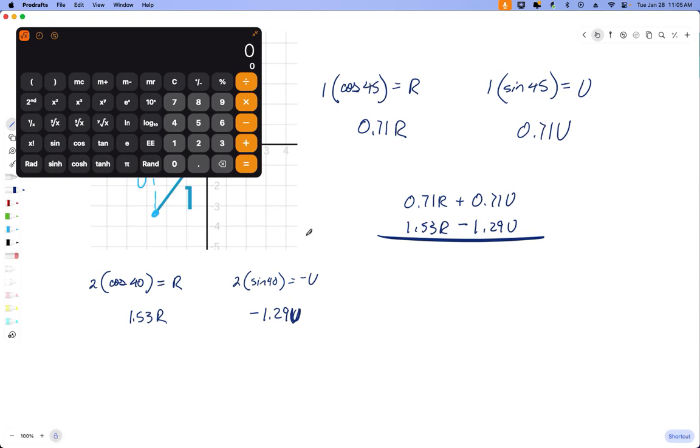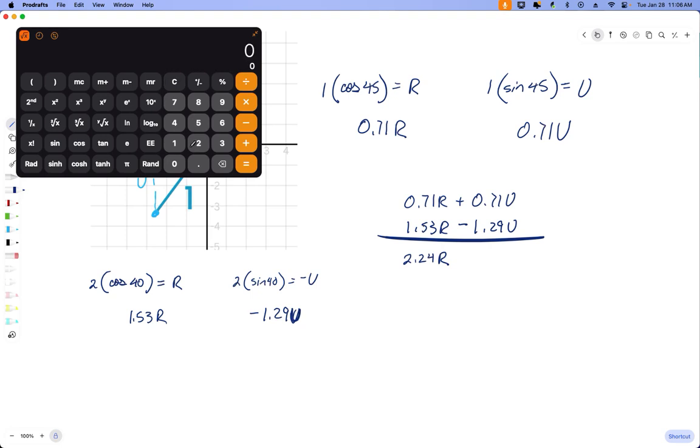Make sure I'm doing this right. I think I am. So then we would get 1.53 plus 0.71. Ooh, I can't do math. Look at that. 1.53 plus 0.71, 2.24 r.